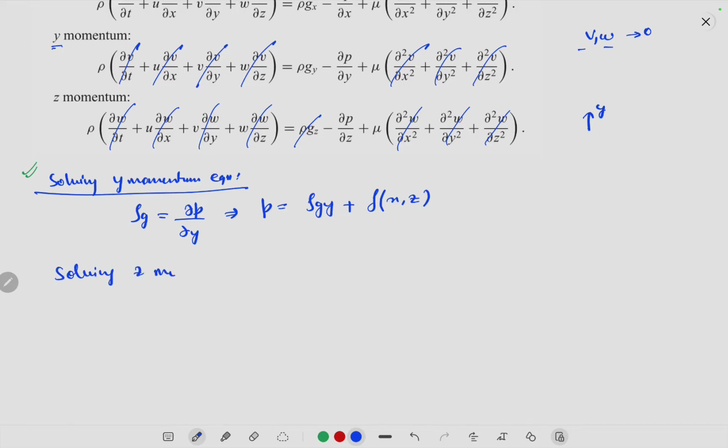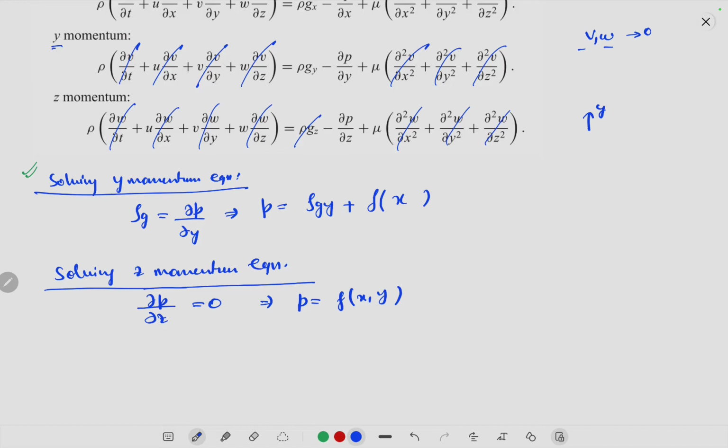So solving the z momentum equation gives us del p by del z equal to 0. This implies that p is only a function of x and y.